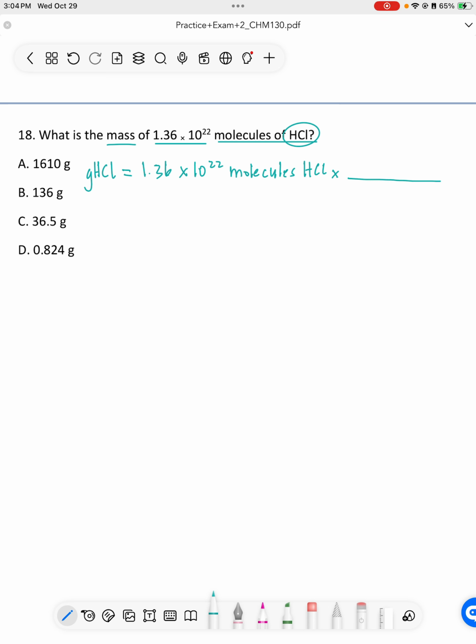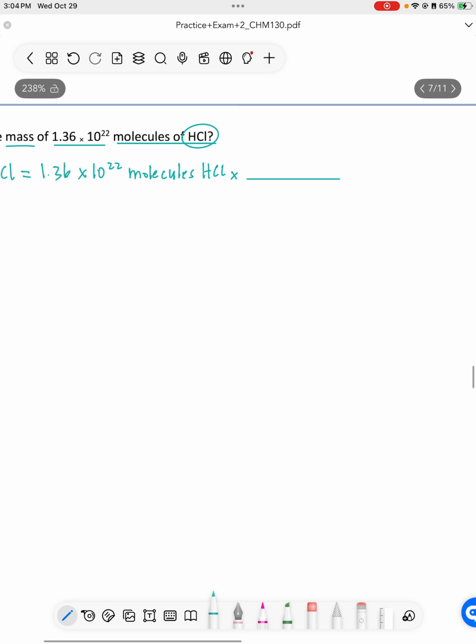And now I want to do something where I can get rid of molecules of HCl. So molecules of HCl is on top, so I'm going to put molecules of HCl on bottom.